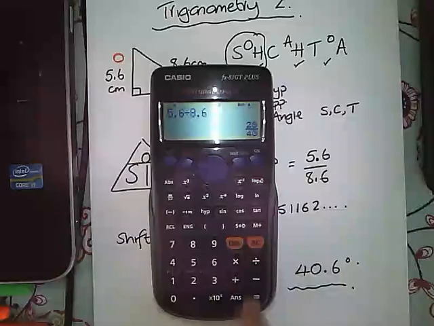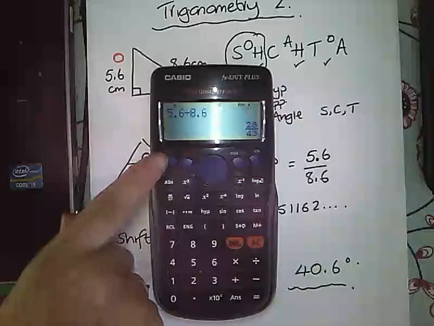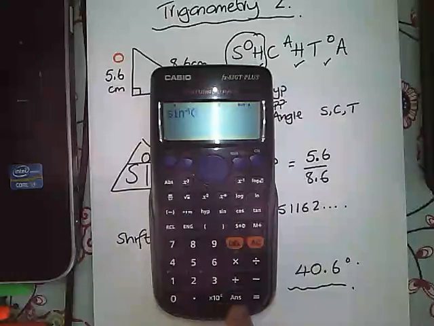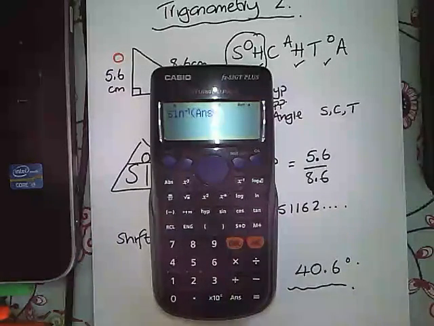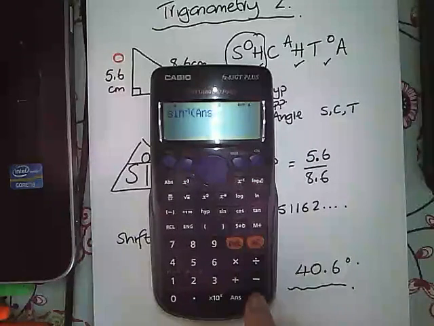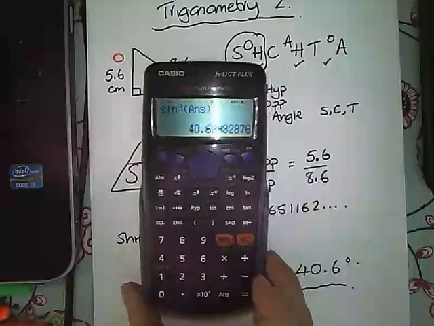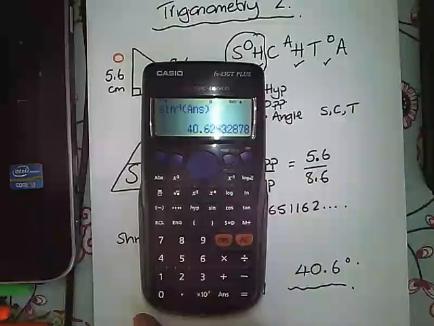This is stored on our answer button, and then we press shift sine, answer, close the bracket and press equals, and that tells us that the angle is 40.6.